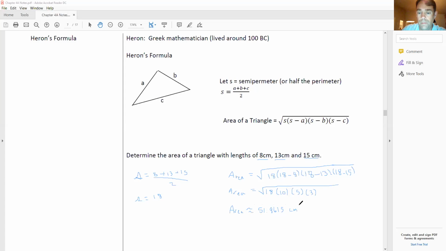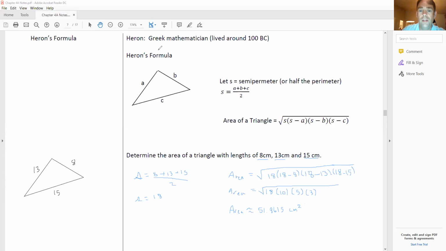It's just kind of a cool little formula, another little thing I thought would be kind of a fun one to know. And again, it is helpful. So this was 8, 13, and 15. So that was the area of that triangle.